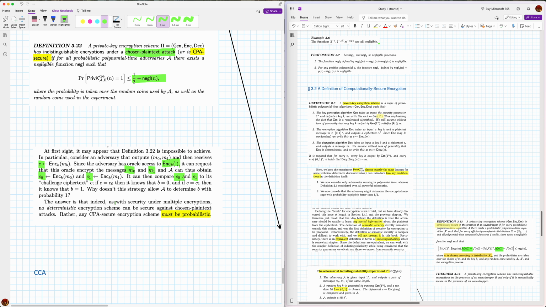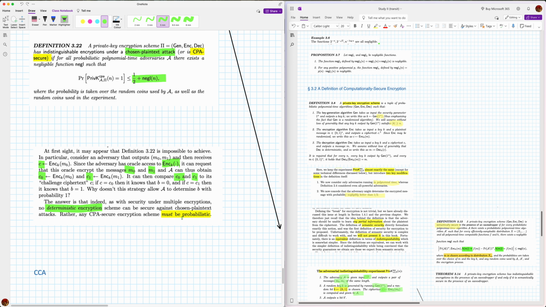But the crucial thing here is that we are implicitly assuming, as was also mentioned in class by someone, that the encryption is deterministic. We make that assumption to make this argument work. So what this shows is that if you want security against chosen plaintext attacks, the encryption scheme cannot be deterministic.